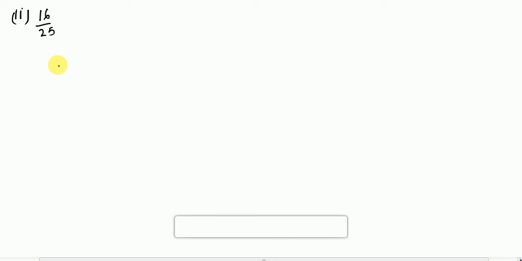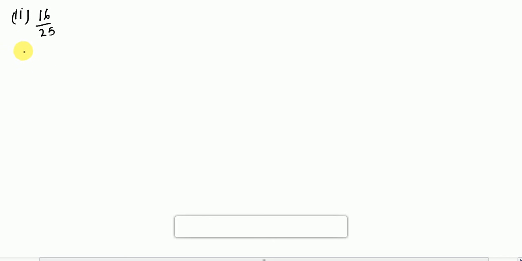Now we find whether 16/25 is a terminating decimal or not. So let's solve 16/25. इस टाइप जब हमें टर्मिनेटिंग बताना होता है देन उस केस में हम डिनोमिनेटर को चेक करते हैं, डिनोमिनेटर के प्राइम फैक्टर्स देखते हैं.